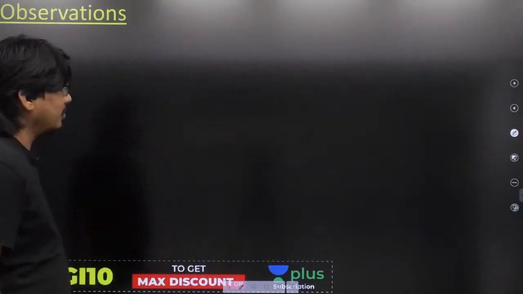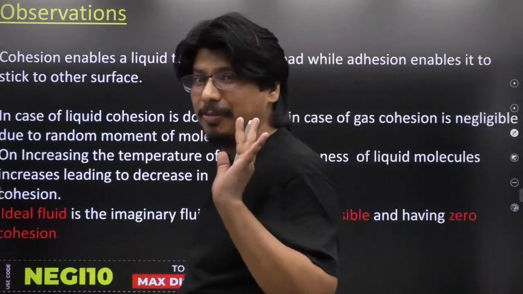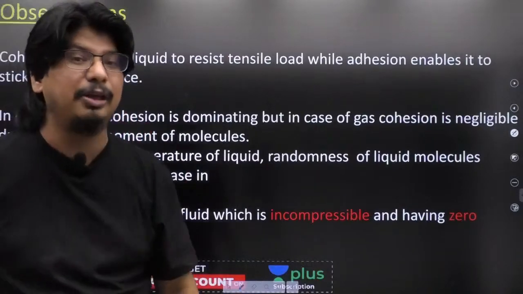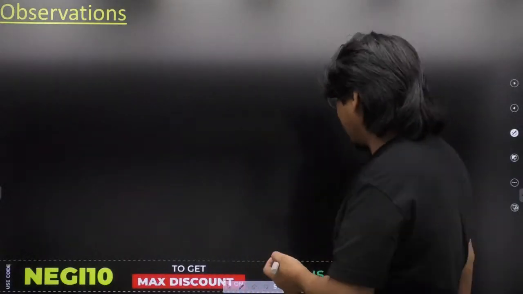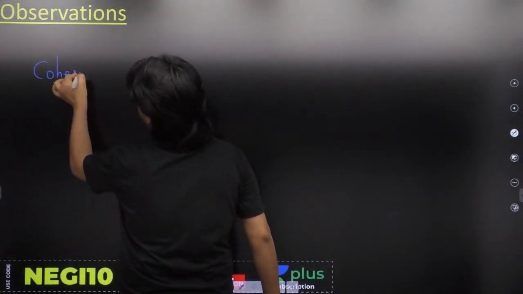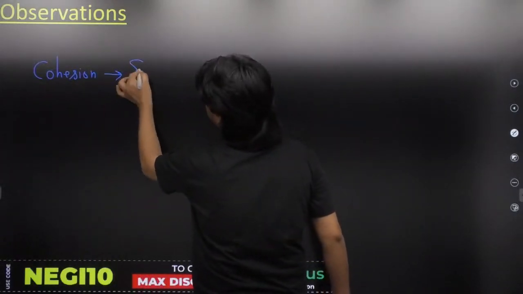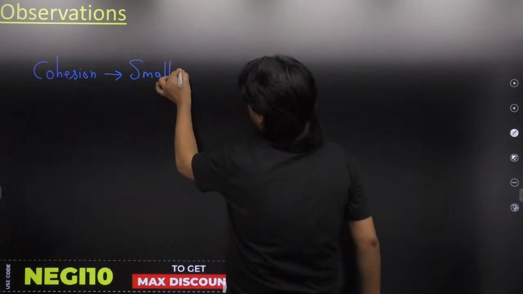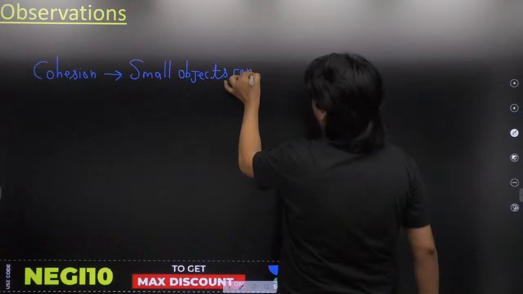Now, we have done one beautiful thing. What was the observation? One by one I will be telling you. The first thing we have seen is, because of cohesion, the small objects can float over water.